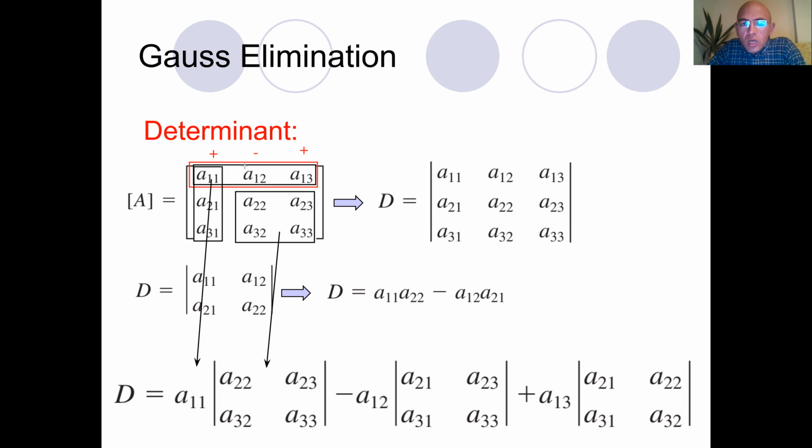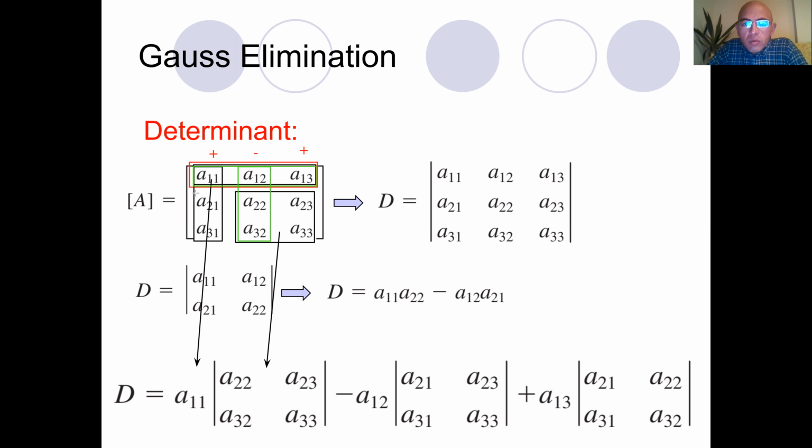member. So I choose A21 and I exclude the corresponding row and column that A21 is in. So I exclude this column and I exclude this row.